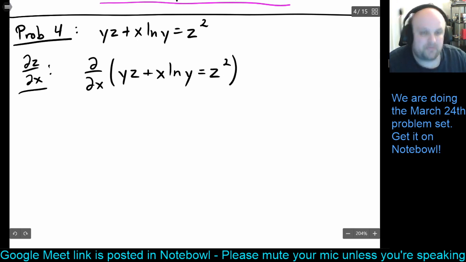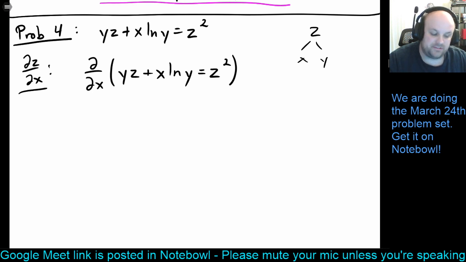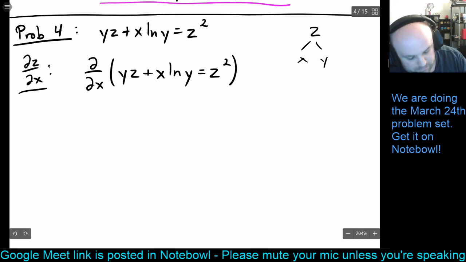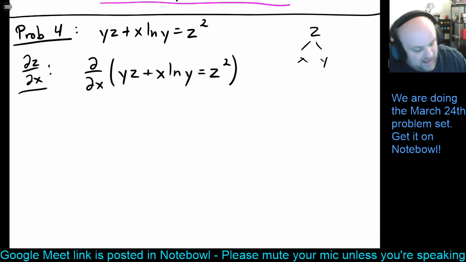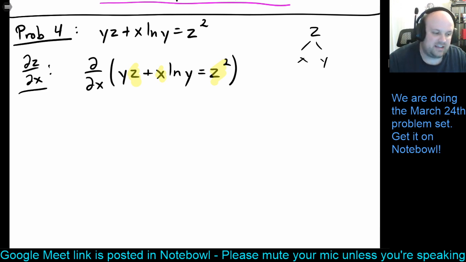And here I want to remember that z is a function of x and y, but x and y are independent variables, right? So they have no interaction with each other. So here, when I take the derivative, the parts that are actually going to get hit with this derivative are this, this, and this. These three are the things that actually see that derivative, because they have dependence on x.